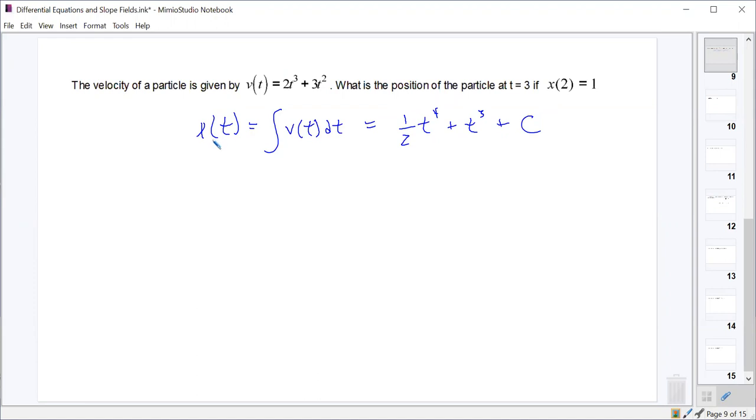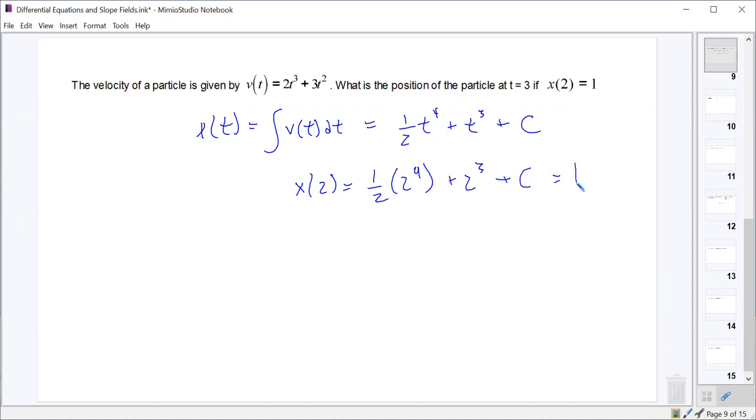So that's our x of t function, but we know that x of 2 is equal to 1. So we'll say x of 2, which would be 1/2 of 2 to the 4th plus 2 to the 3rd plus a constant, needs to equal 1.